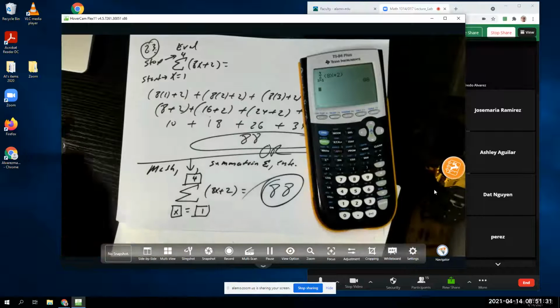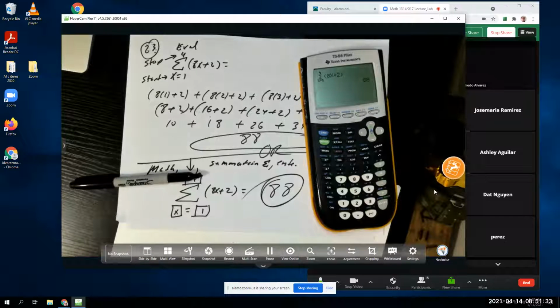Y'all see it? All right, y'all get 88 the first way and 88 the second way, yes or no?